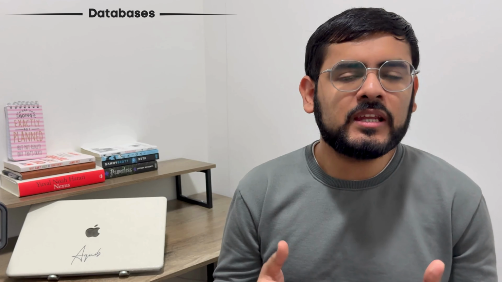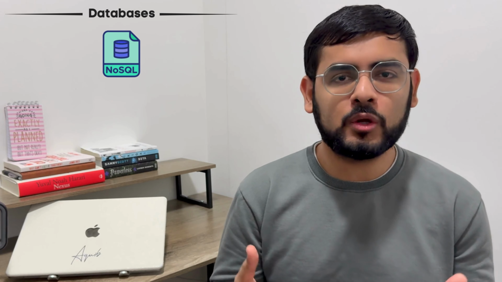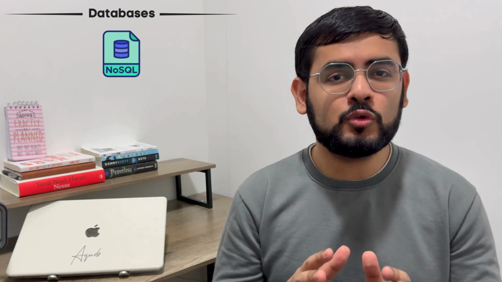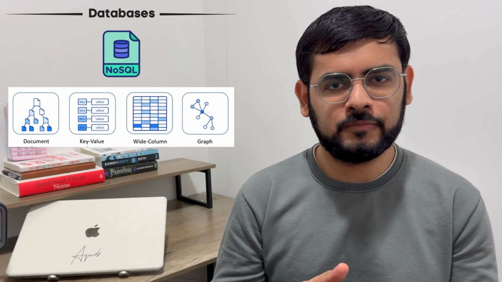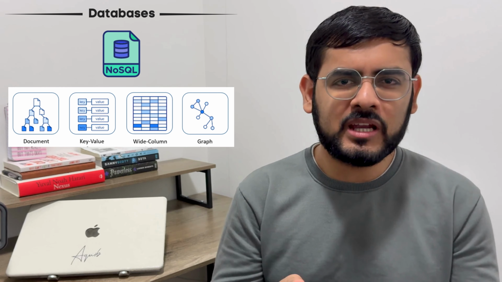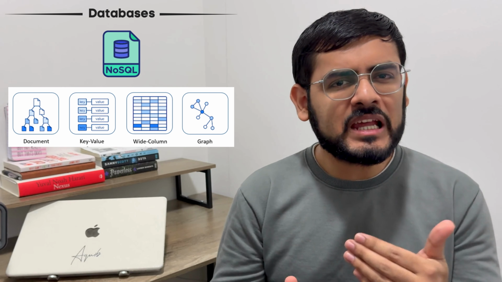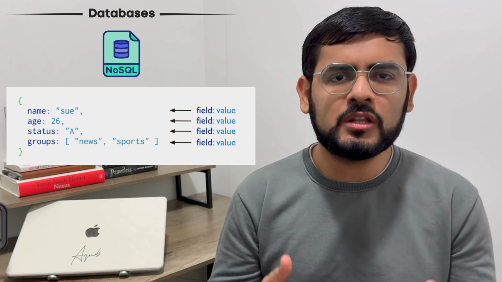The second category consists of the newer, more modern databases called NoSQL, which loosely translates to not only SQL. These databases defy the traditional table logic and are less rigid in terms of structure. Most NoSQL databases follow a JSON style structure where data is stored in the form of key value pairs. Again, there are plenty of options to pick from here.